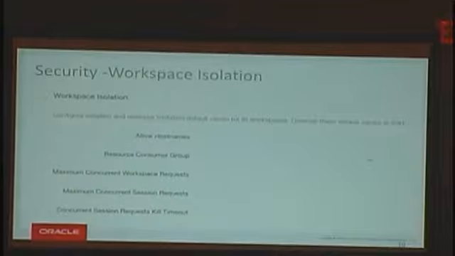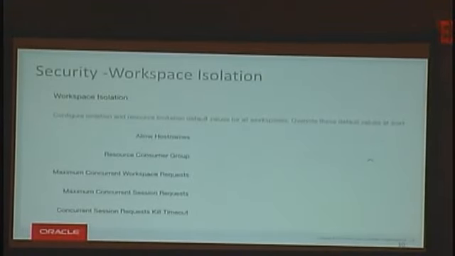Another area which is quite interesting, especially if you have bigger Apex installations with a number of workspaces and distinct applications, is workspace isolation, which was introduced in Apex 5.0. You can better separate different workspaces.